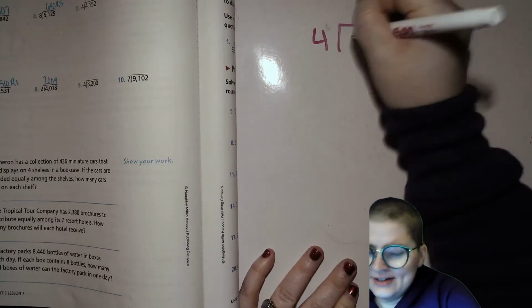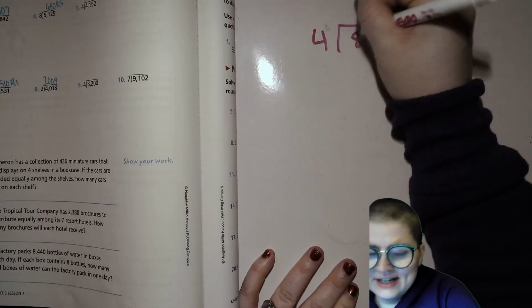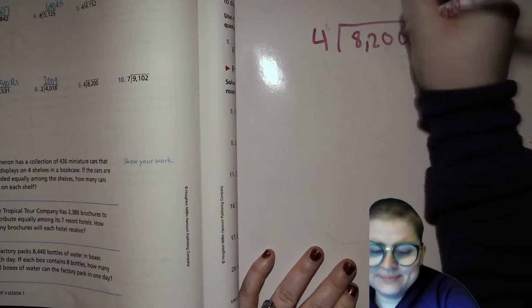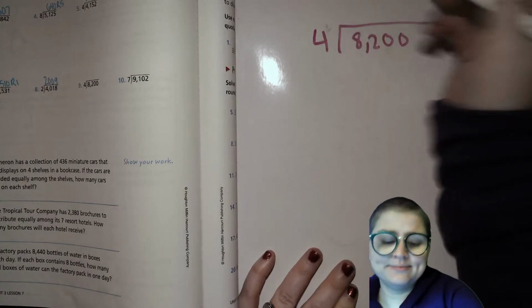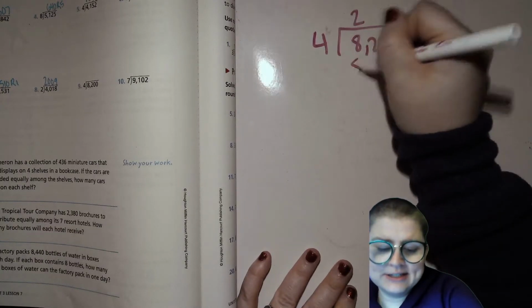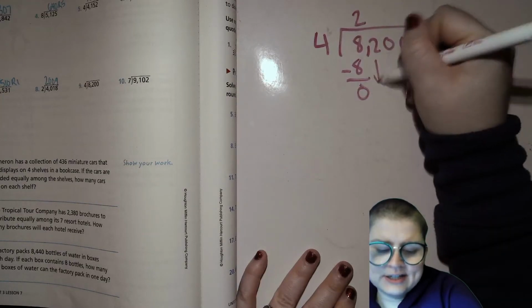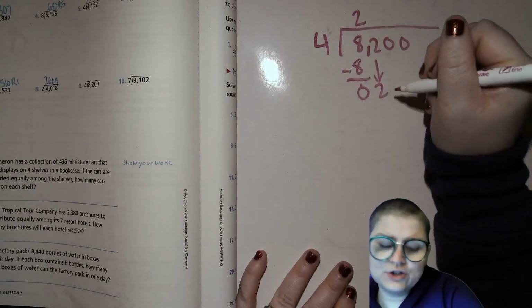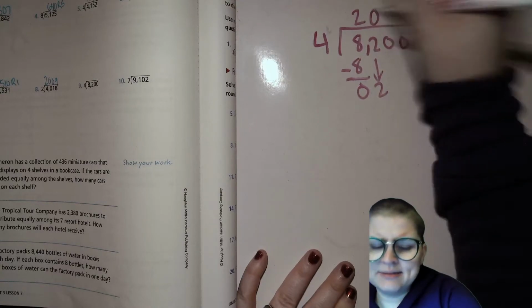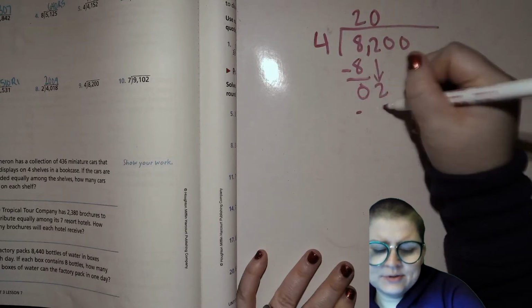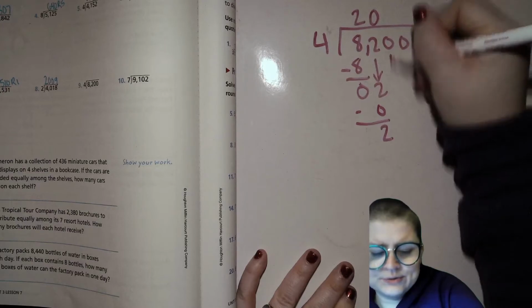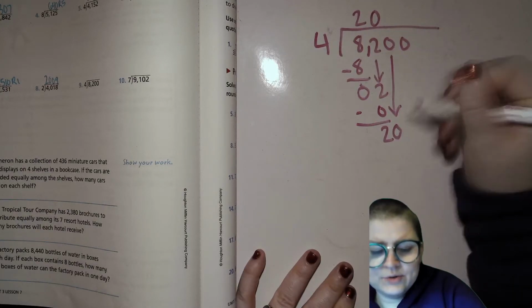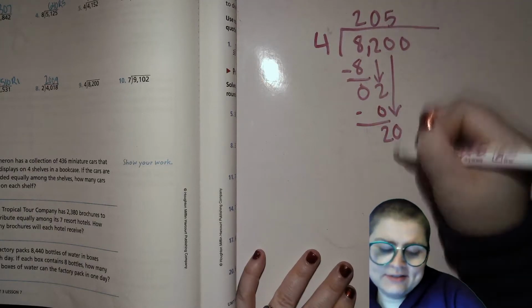4 is dividing 8,200. 4 goes into 8 twice. 4 times 2 is 8. Bring down that 2. 4 goes into 2, 0 times. So 0, 2. 4 goes into 20, 5 times.